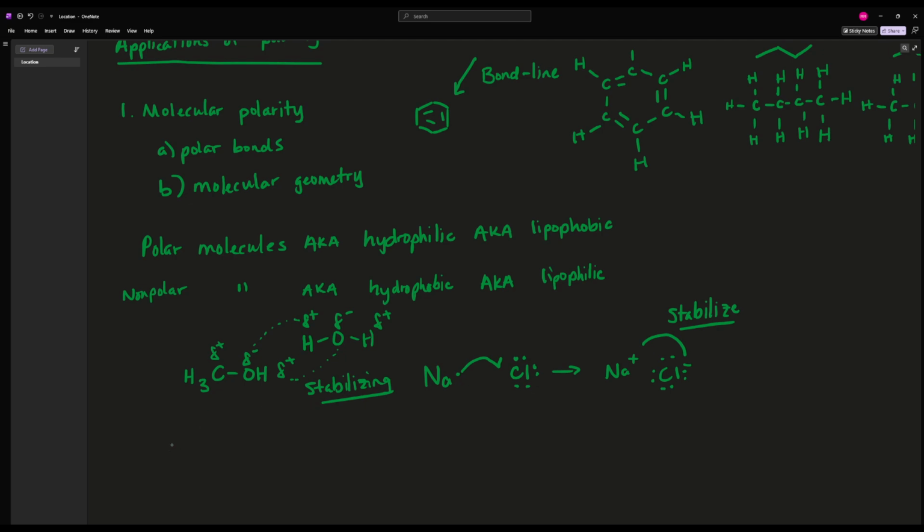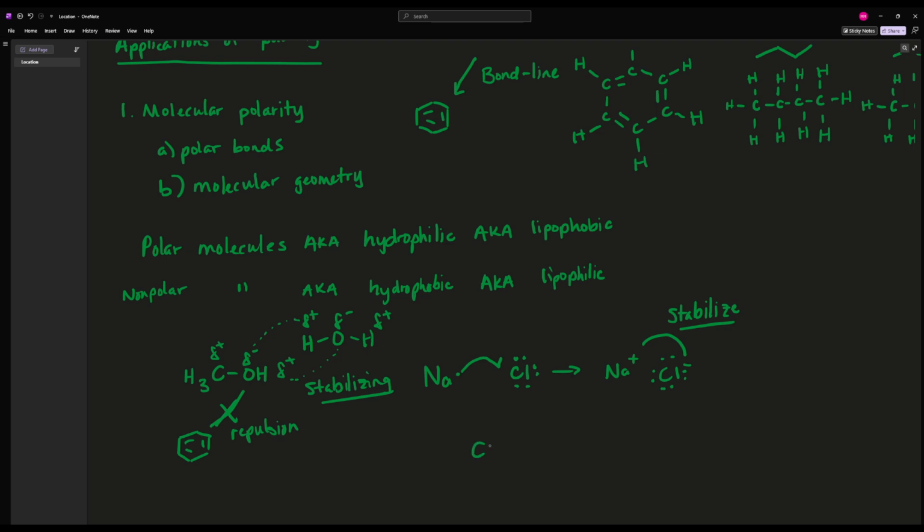Now, if we put this next to benzene again, as cool as benzene is, although it is a toxin, no electrostatic interactions can take place here. Notably, this is not repulsion. Repulsion occurs when 2 charges of the same charge are in close proximity.